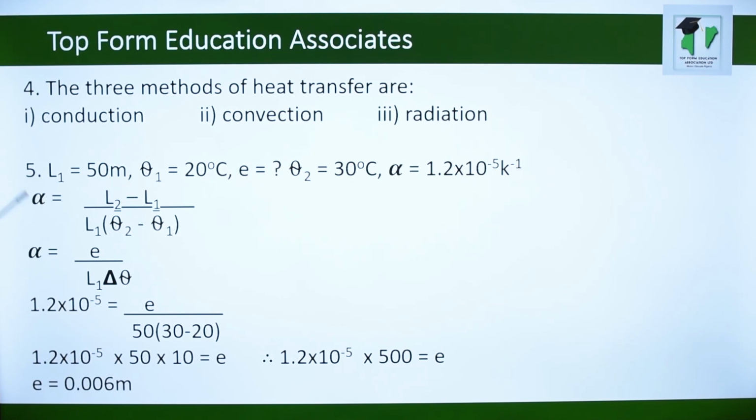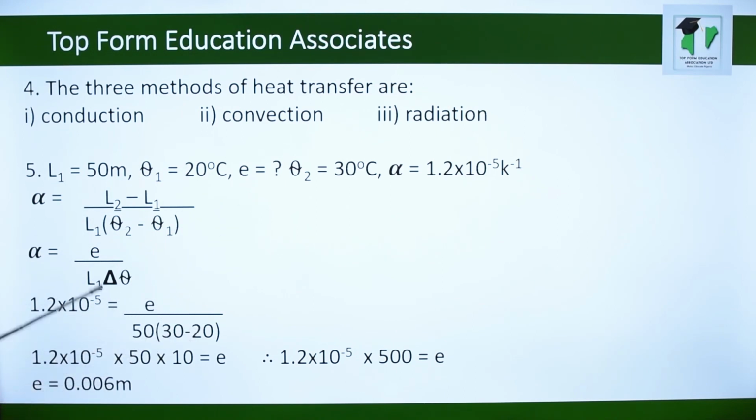So we have this formula that alpha is equal to L2 minus L1 all over L1 into change in temperature, meaning expansion produced all over the original length times change in temperature.